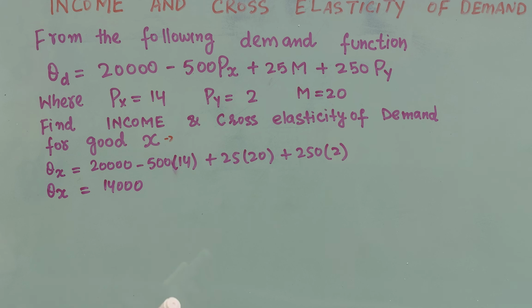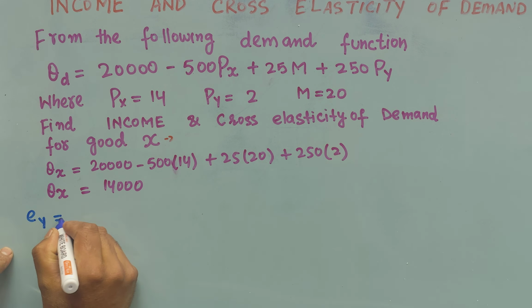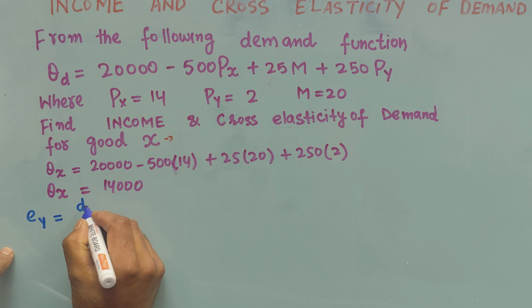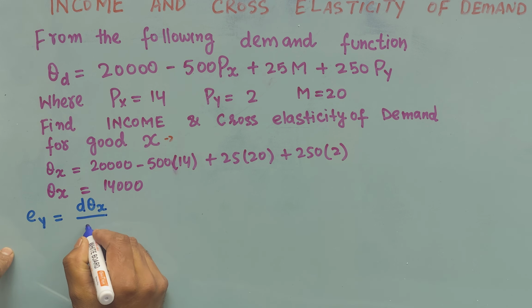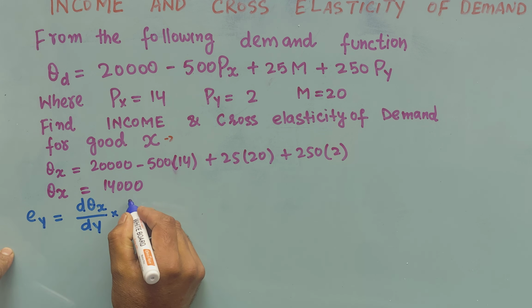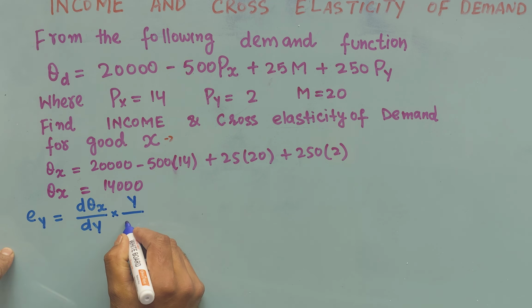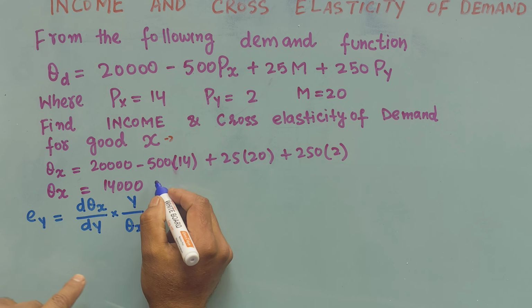Now, what is income elasticity of demand? If I write E subscript Y, that is income elasticity of demand, it is simply the change in the quantity demanded of good X due to the change in the income, times income upon quantity demanded of good X at this level of income.